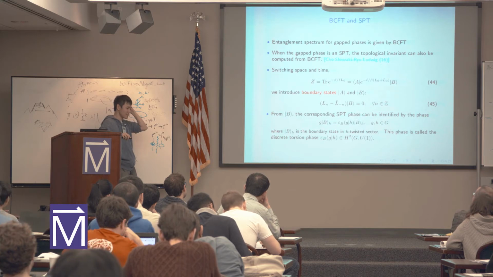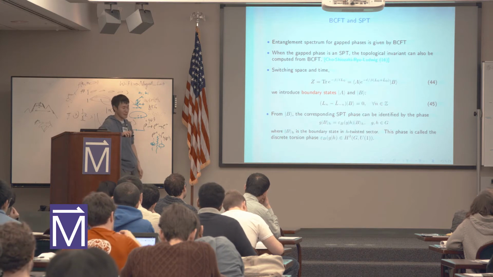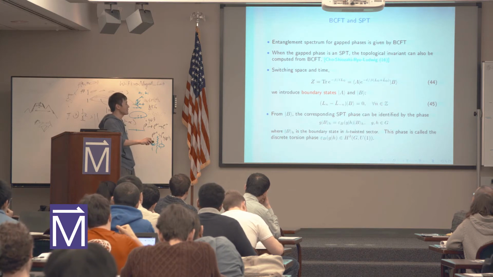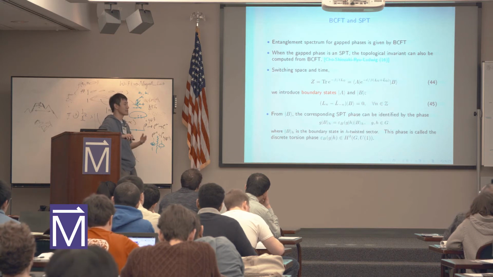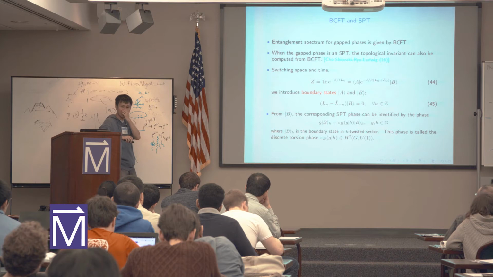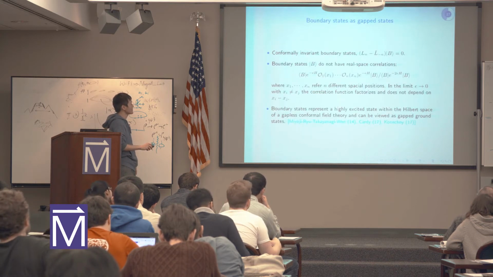But one can make a step further by conjecturing that this boundary state is actually nothing but the ground state of the gapped phase. Okay, so that's a conjecture, I would say, but you can sort of check.